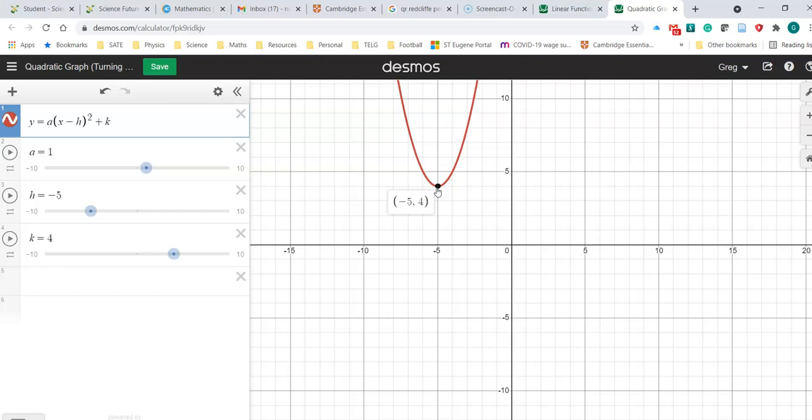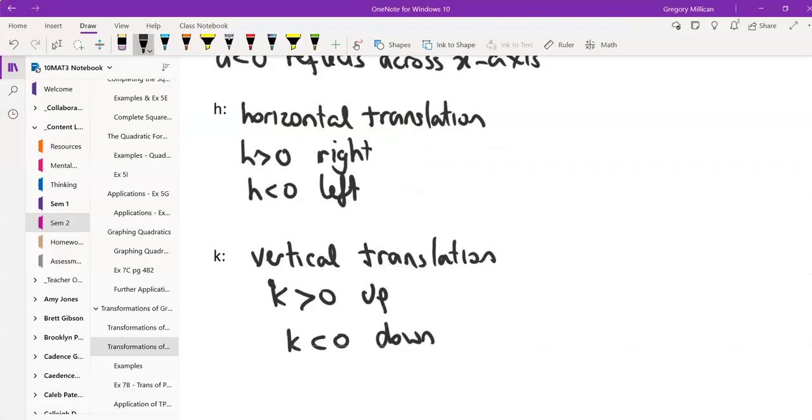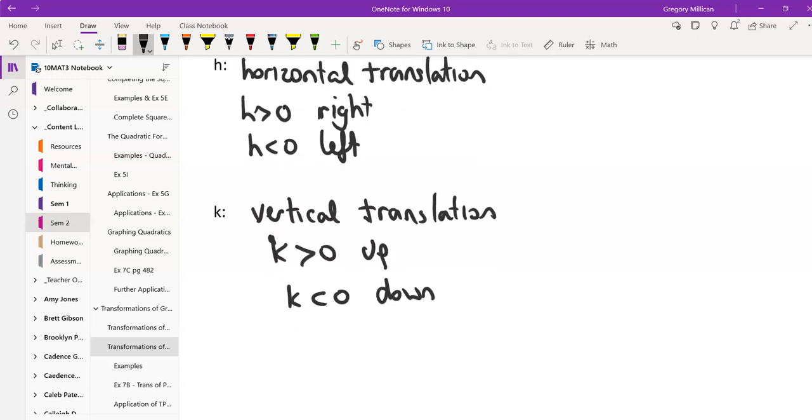Coordinates of the turning point. Hence the reason it's called the turning point form. Mind blown. We math people aren't stupid all the time. Most, yes or no, right?